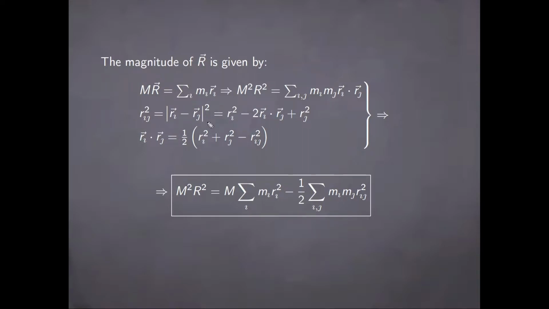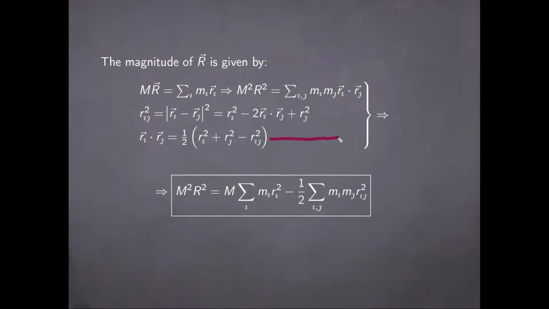We just take the square of this expression and we find that it is equal to a sum of squares for the corresponding radii minus 2 times the dot product of the two radius vectors. And if we then solve this equation for the dot product, we can express it as 1 over 2 multiplying the sum of squared radii minus the square of the relative distance between the particles.